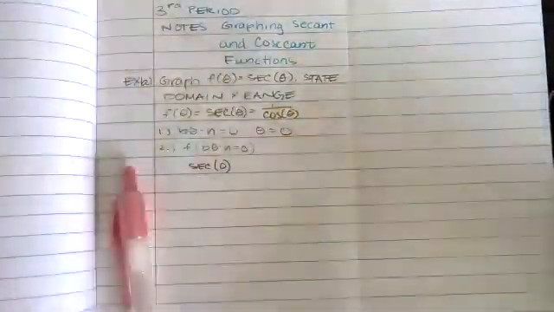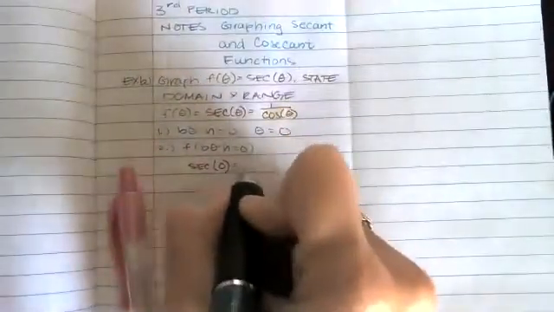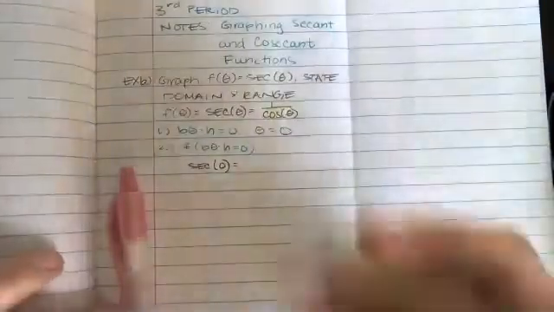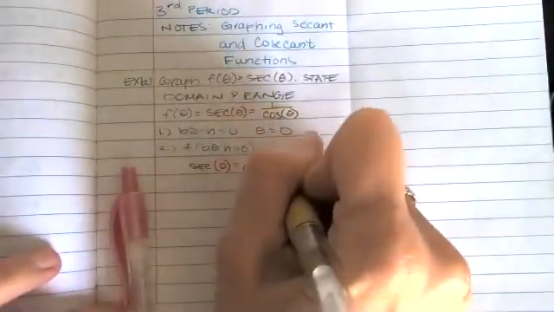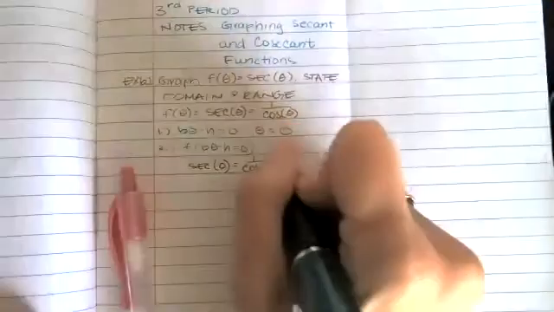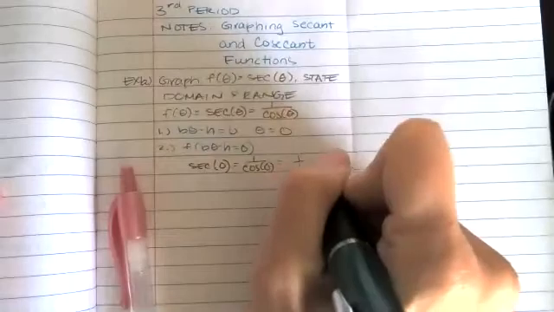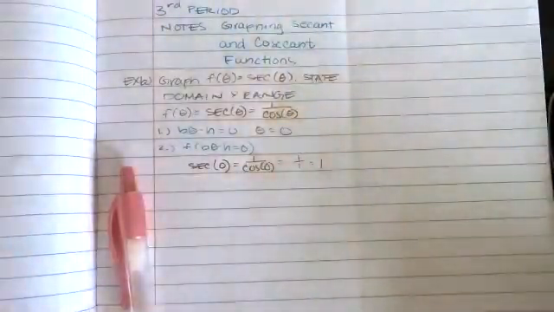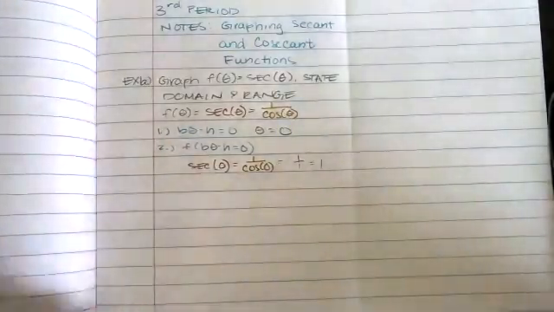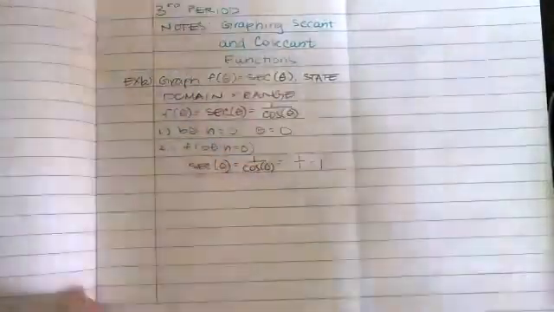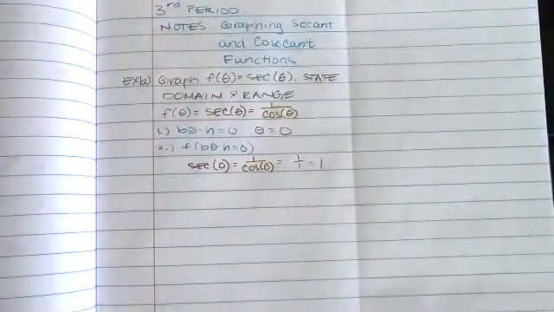And that's going to equal 1 over the cosine of 0. Which, remember, the cosine of 0 is the x-coordinate. So this will be 1 over 1, which equals 1. Okay, so our third step, is that okay so far? Yeah, that's okay.